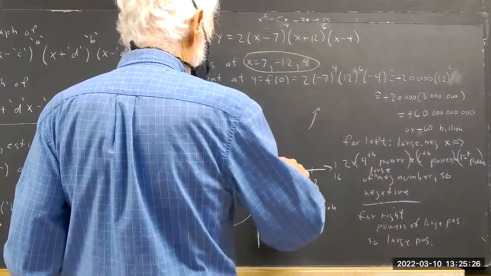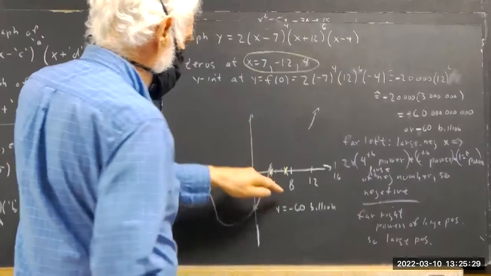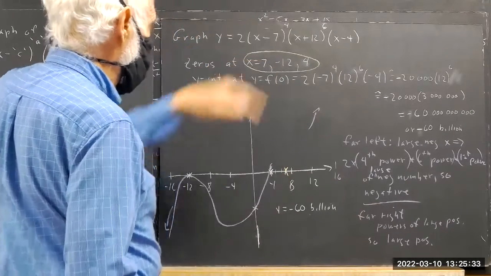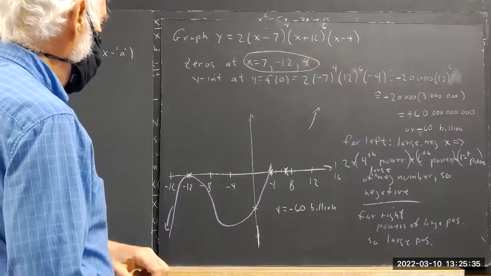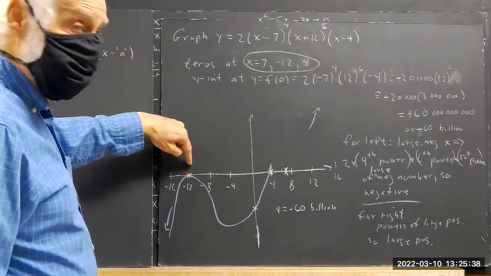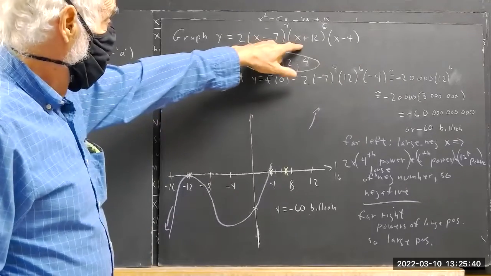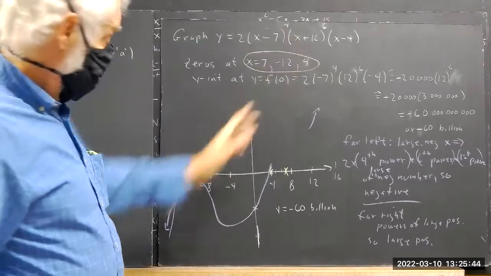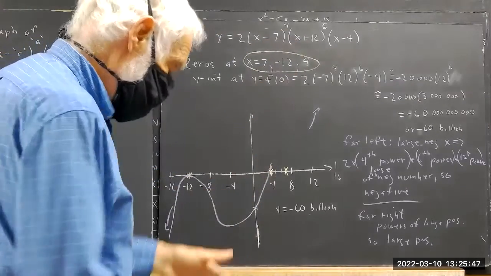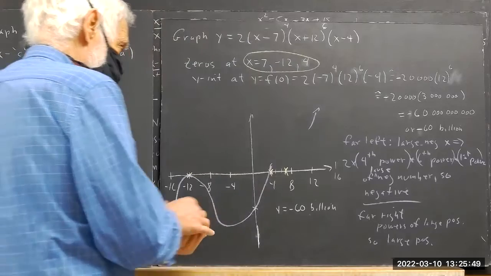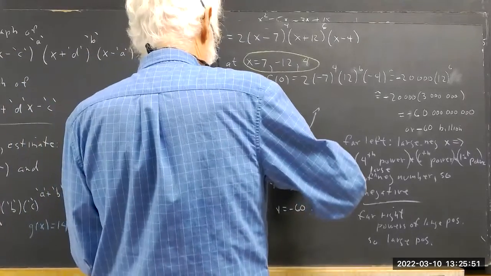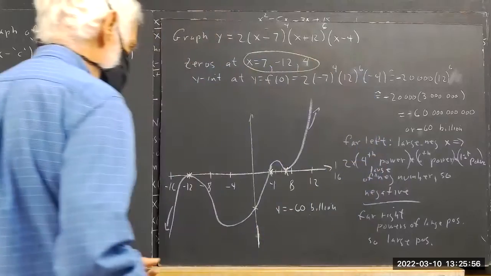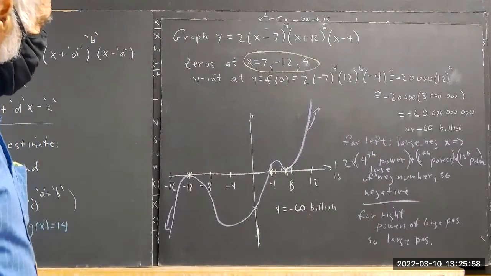Then we turn around and come back down here. But at x equals 7, we've got a 4th power. I think I said that wrong over here. We said at negative 12, that comes from this thing, it's actually a 6th power, which is also even. So it turns around at this one, and it comes up through here, down, turns around quickly, comes back down here, then goes on up. So there's your graph.